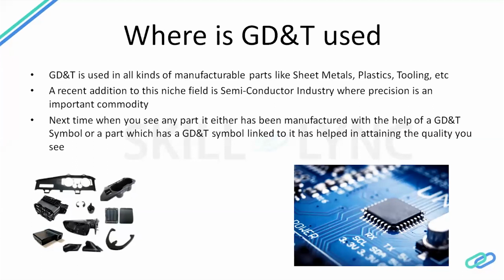When a part is measured in a CMM machine and everything, they go through many iterations so that the weight is equally distributed over the profile of the surface, over the circular surface. And of course in those cases also these symbols help you attain those tolerances and the quality which is required.